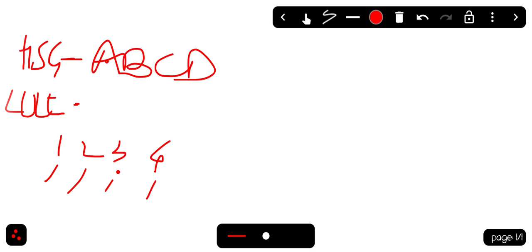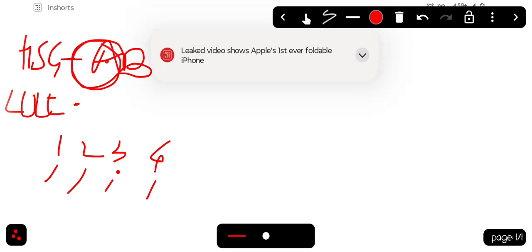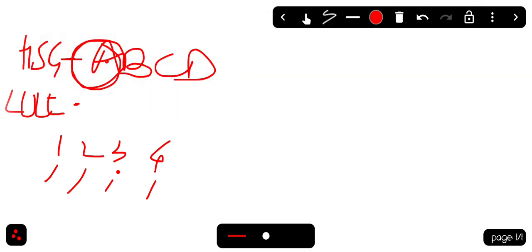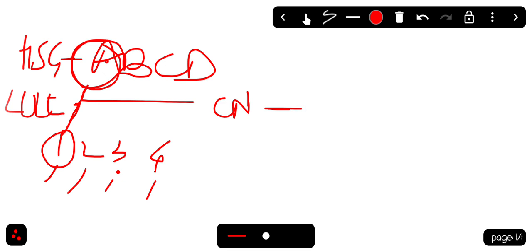Suppose in your area only HSG A is lying. For water with HSG A, what will be the curve number? It is given by the USDA, and you will find it in textbooks and research papers.